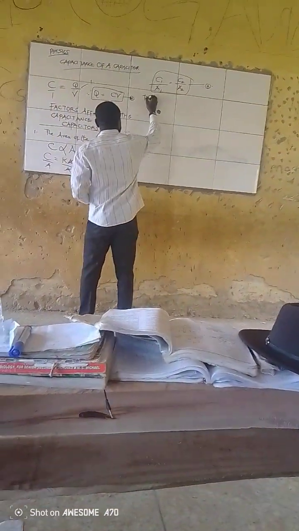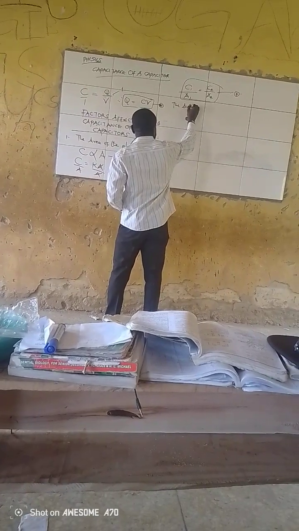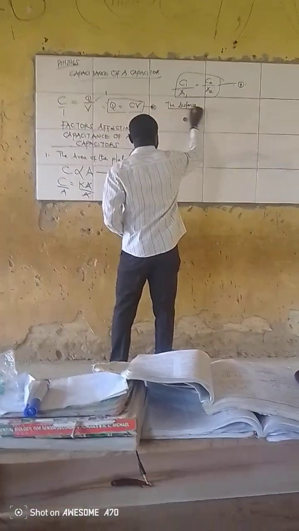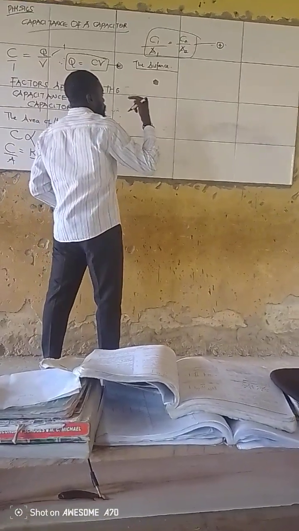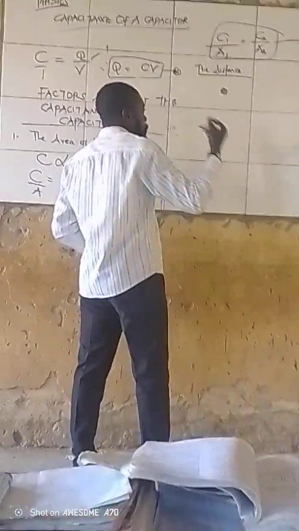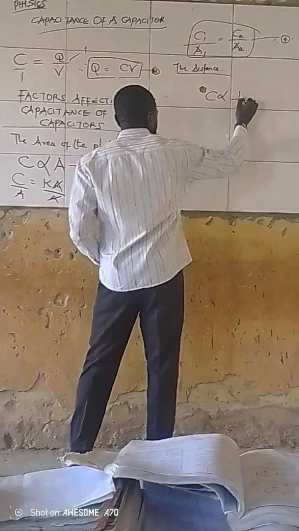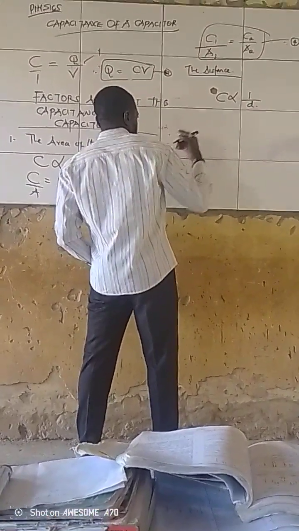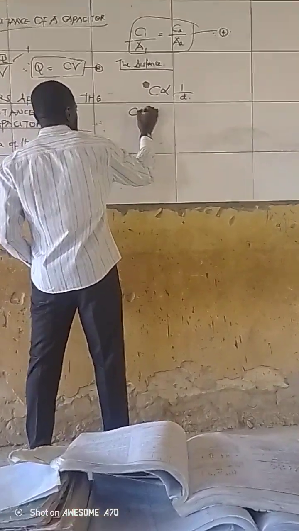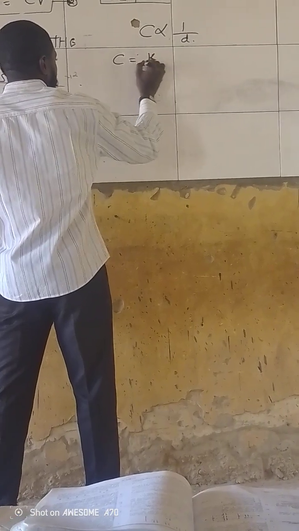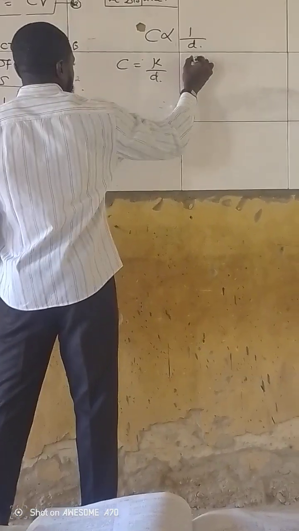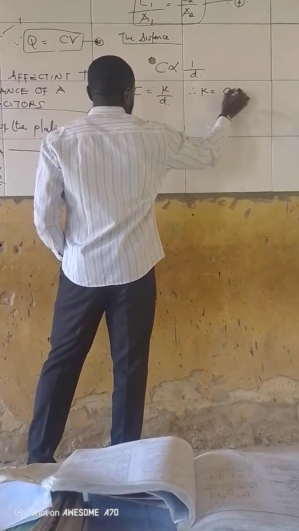Now, the distance. Everybody look up here. The capacitance of the capacitor is inversely proportional to 1 over D. If I remove the proportionality sign, I have K over D. Therefore, my K is equal to CD.